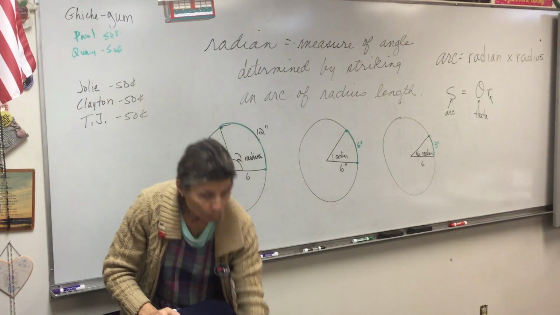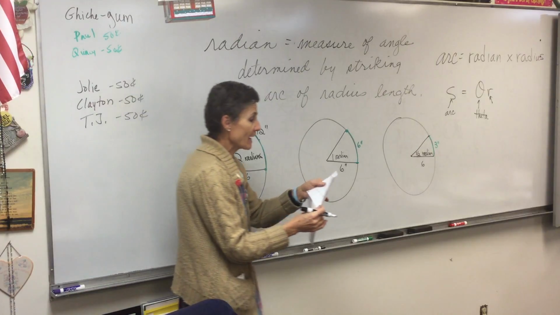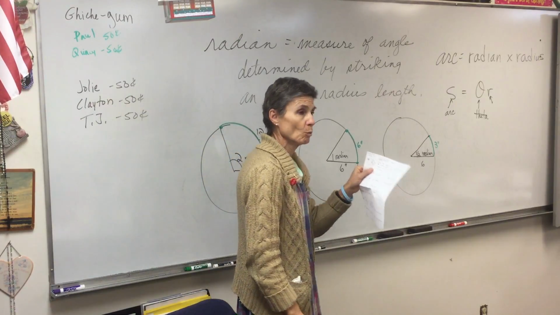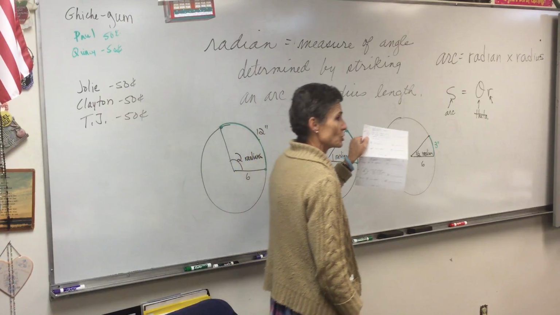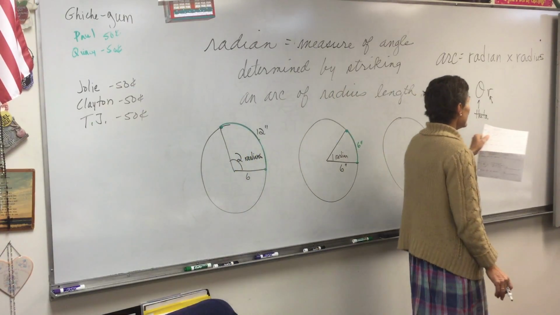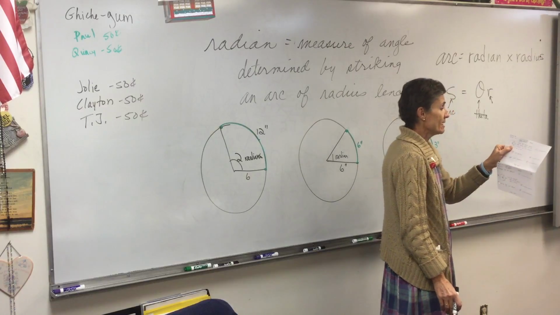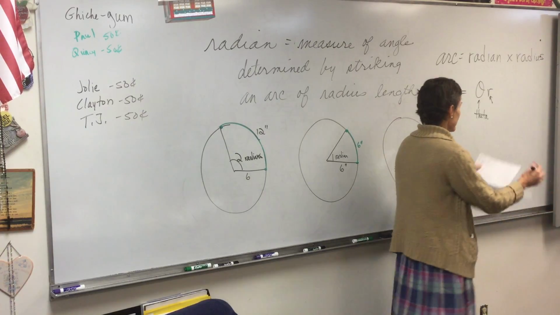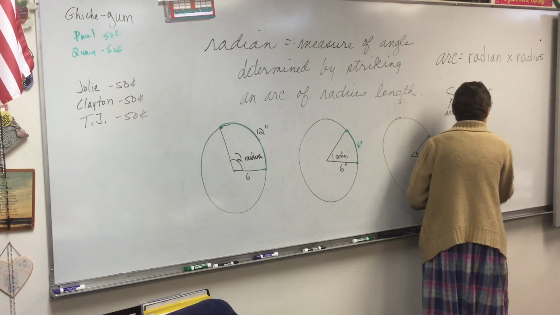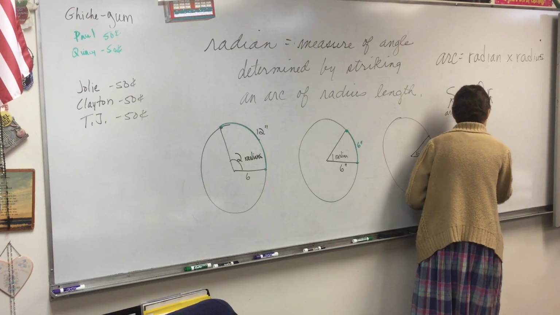All right, so with that in mind, can I answer question 1? I'm looking at the front of the quiz here. Find the radius given the central angle is 1.5 radians and the arc length is 12. So you have a circle.